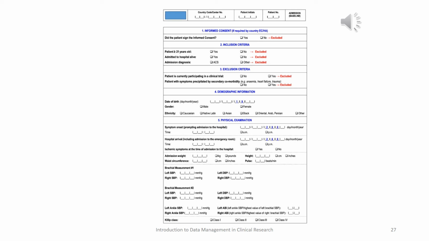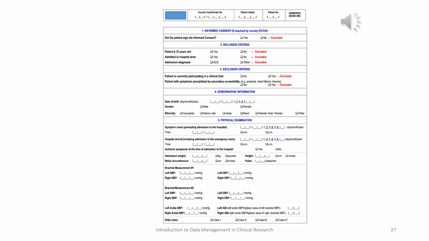Remember, that would be part of the header information that we want to see across every CRF page that we work with. As we move down the first row, the first question is, did the patient sign the informed consent? Yes, no. At first glance, that looks pretty good.